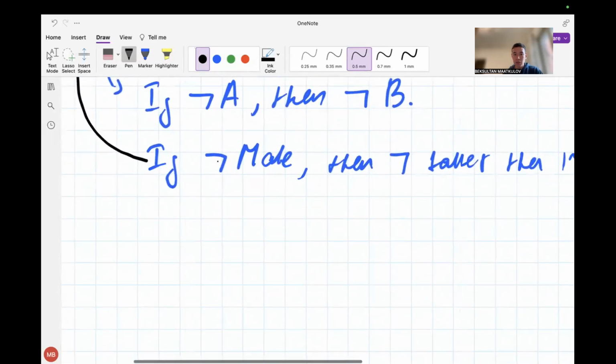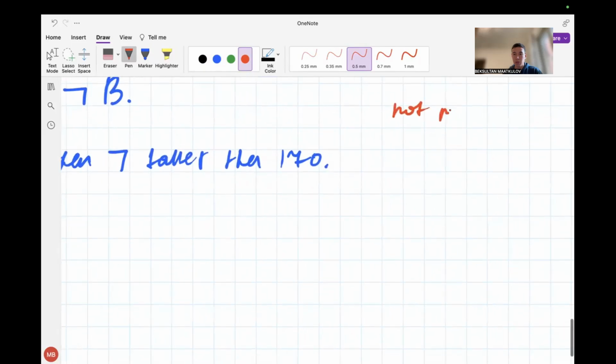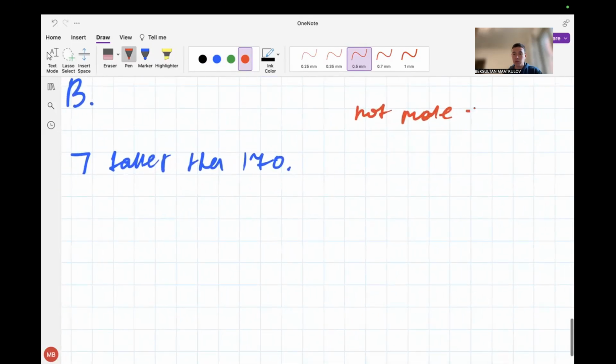Okay, instead of not male, which word we can use? What do you think? Not writing not male. What we can use in front instead? Male. Yeah, good, Yulia. We can use female because not male the same as female and not female the same as male.